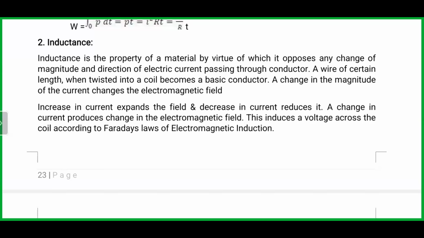A wire of certain length, when twisted into a coil, becomes a basic inductor. A change in the magnitude and direction of current changes the electromagnetic field.